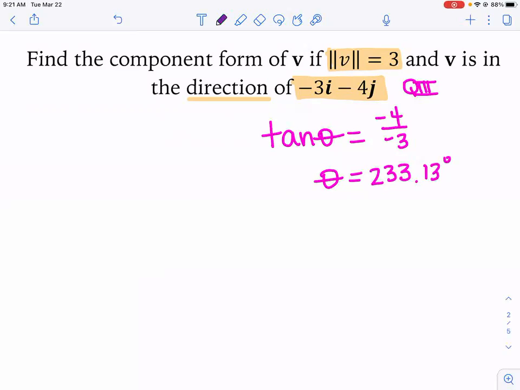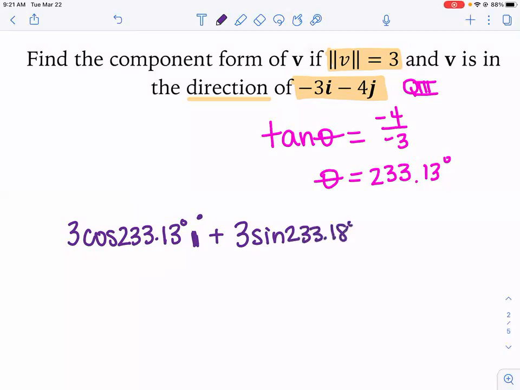Okay. Our vector is going to be magnitude times the cosine of our angle, i, plus magnitude times the sine of our angle, j.